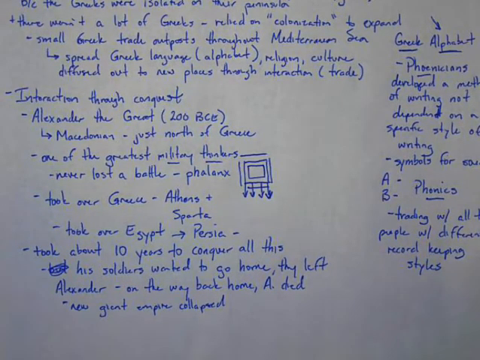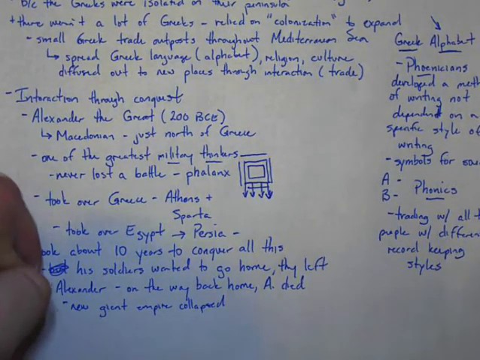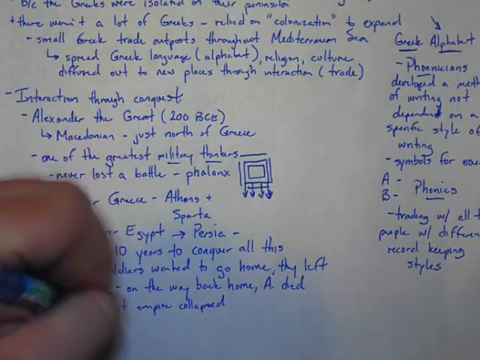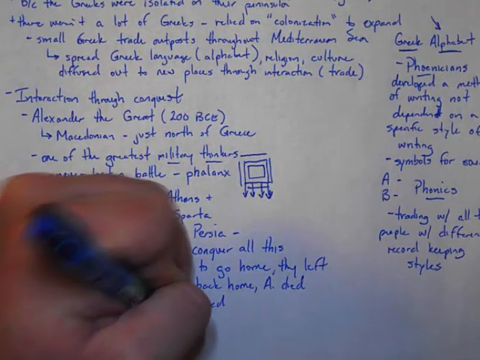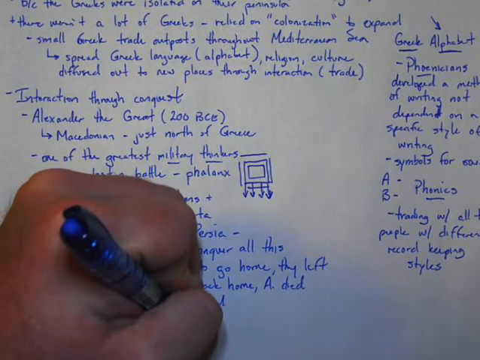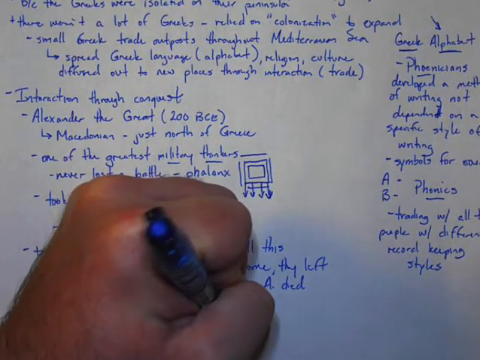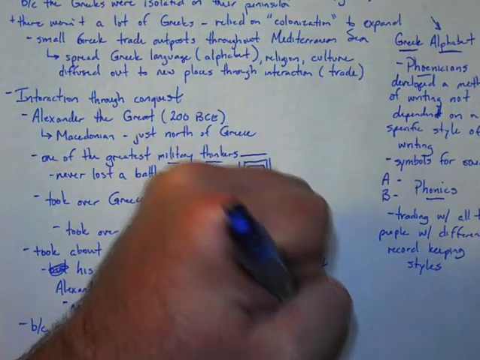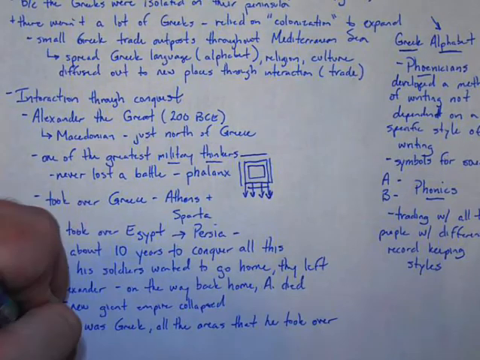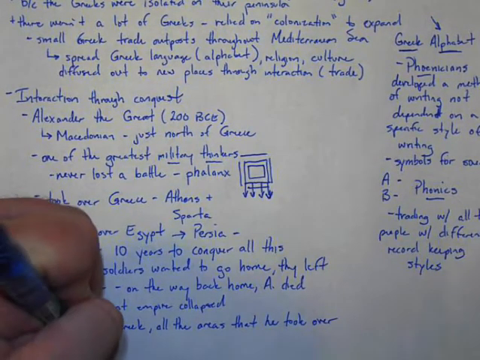Now, the point of understanding all this stuff about Alexander is not that he was a military genius. That's interesting. But for our purposes here, because Alexander was Greek, all the areas that he took over also became Greek.